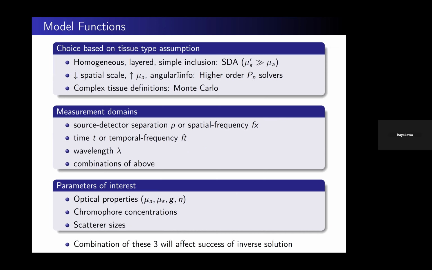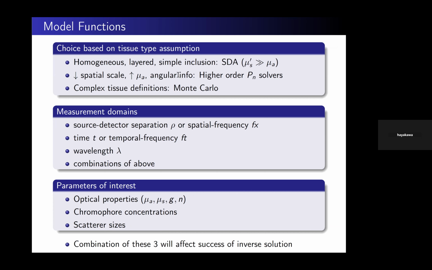So when you think about your model, you have different options available to you. We've talked about the standard diffusion. It's nice because there's an analytic solution. You can plug in the optical properties and get the result for reflectance, for homogeneous and layered media. There's one for a sphere, and David Boas has created an analytic solution for an embedded sphere.